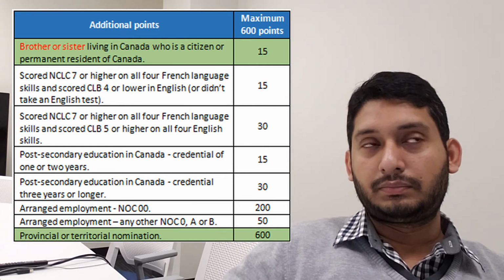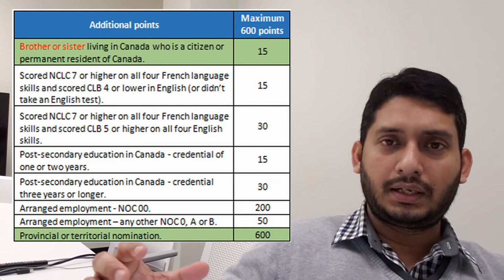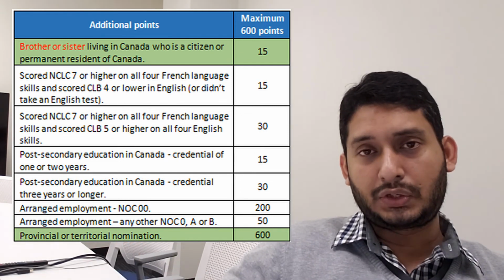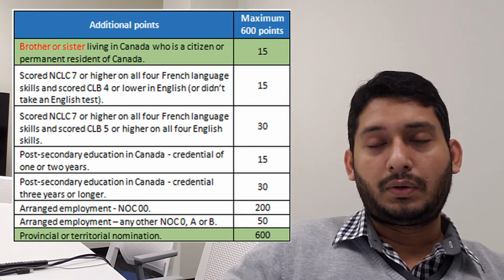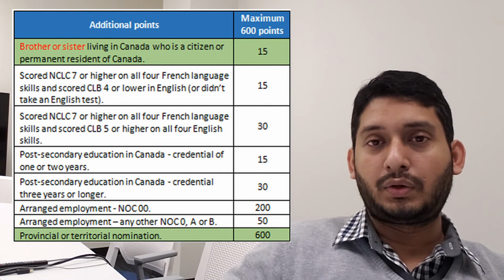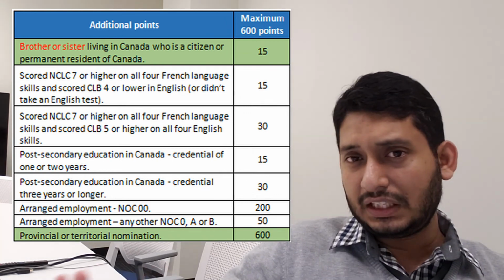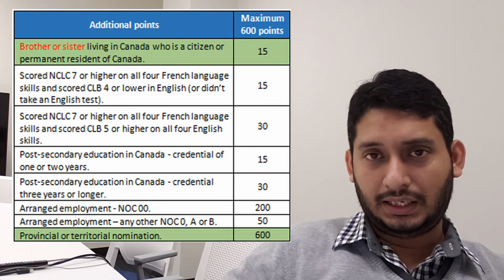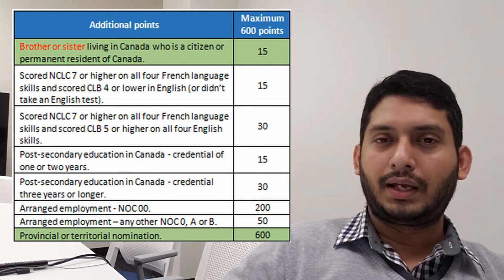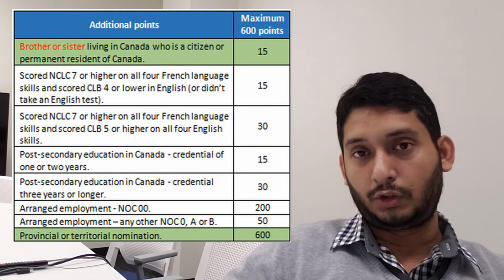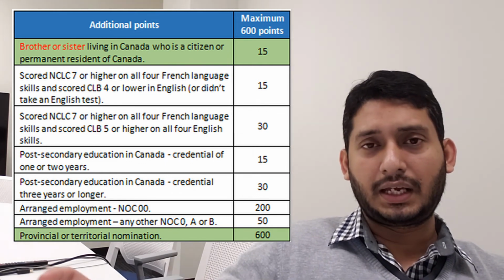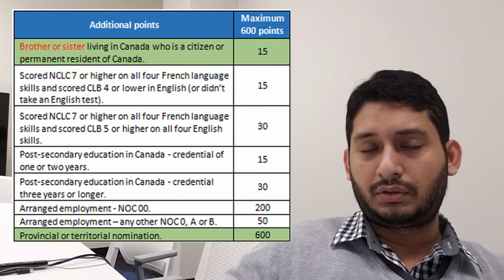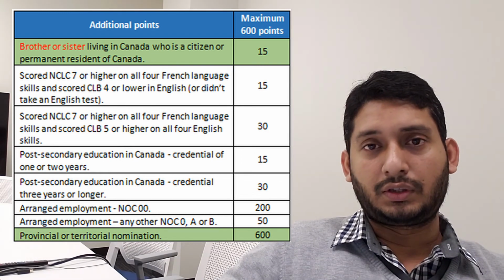Talking about the current trend, if your total CRS score is somewhere around 450, then you can probably expect an ITA. If not, then you should definitely look for the provincial nomination, and we'll be covering one or more detailed sessions on the PNPs.